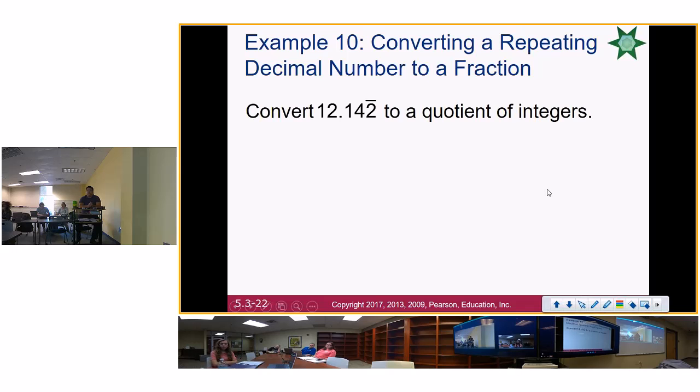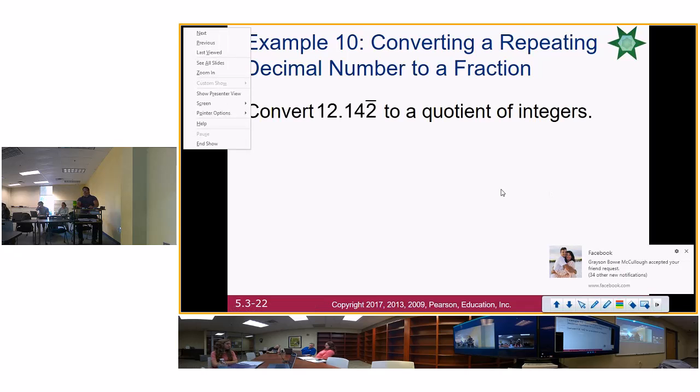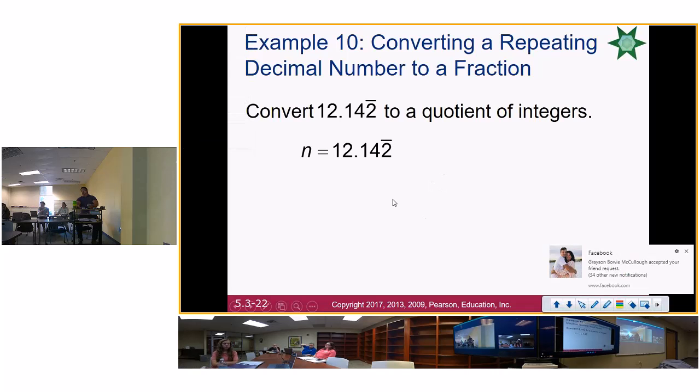Or 10, or 1,000. The first thing you do is set n equal to this. Or x, if you want to use x, knock yourself out. I don't care, you can use q if you want to.